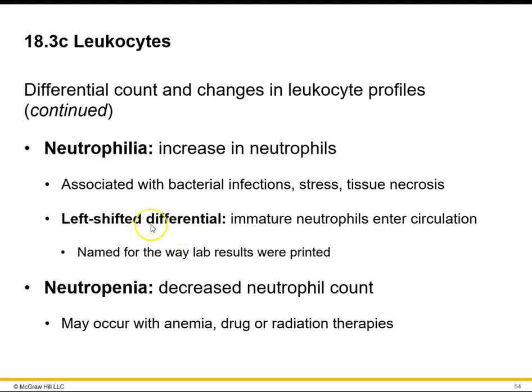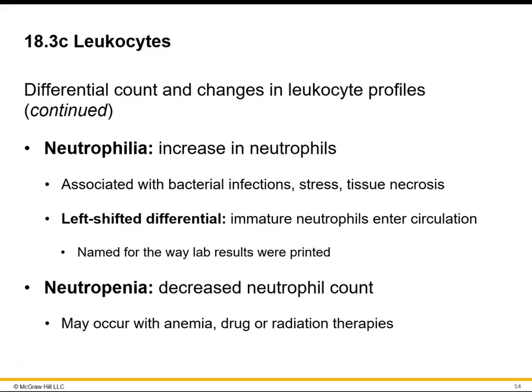A left-shifted differential. Don't worry about why it's called a left shift. It's named for the way that lab results used to be printed. What this is, is a real increase in the number of immature neutrophils in the blood. The reason for this is you probably have something big going on, such as a really bad infection, and your body is just trying to churn out neutrophils to get them to that area, and so it starts spitting out immature neutrophils.